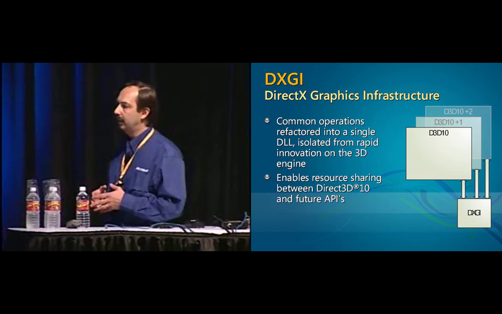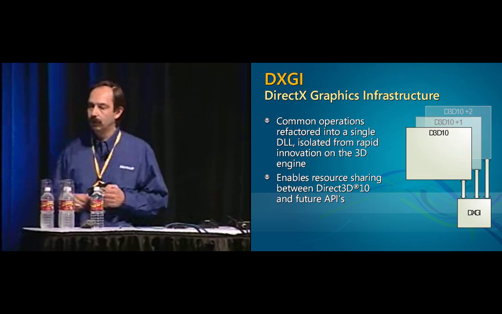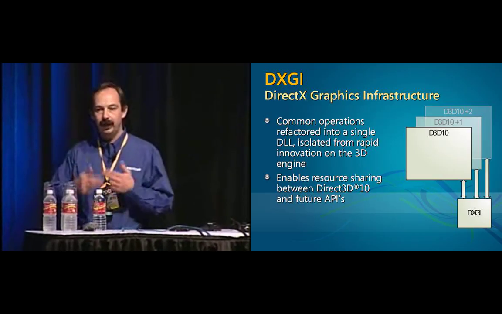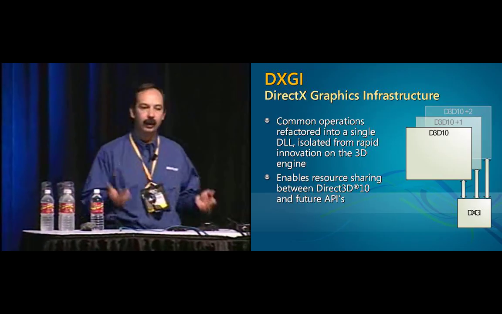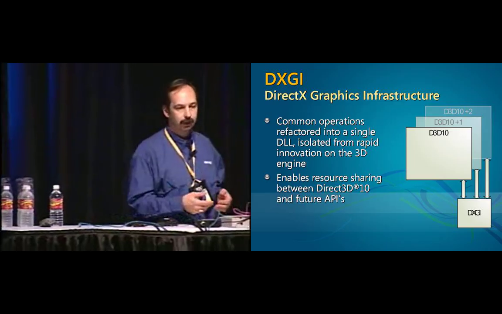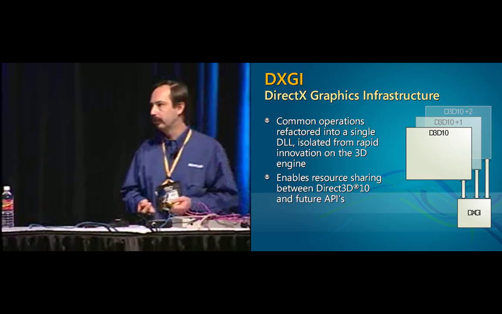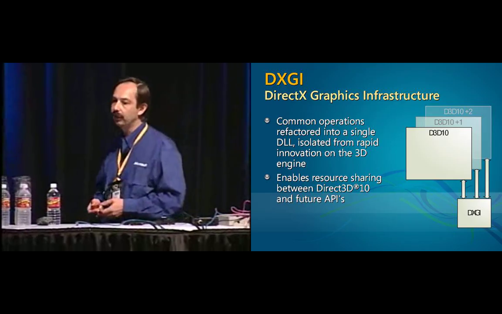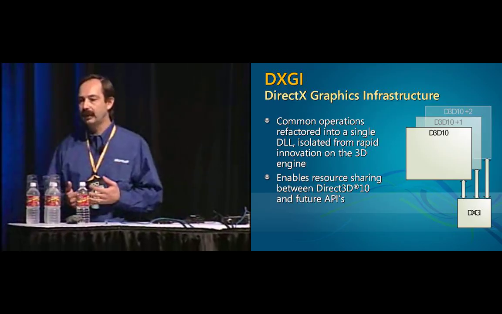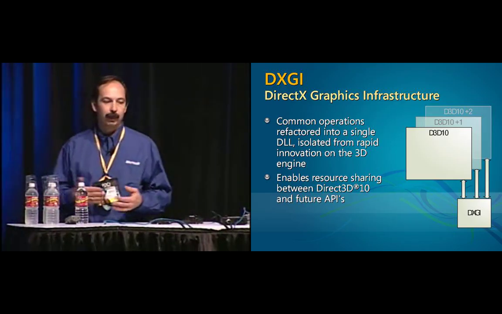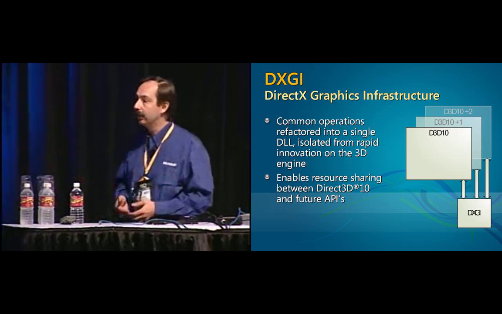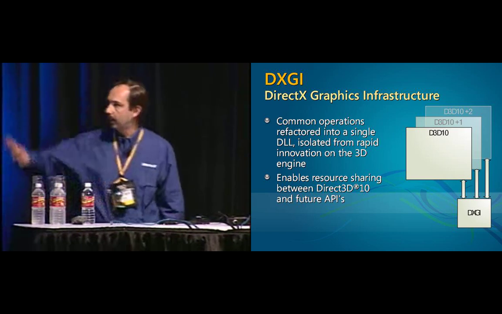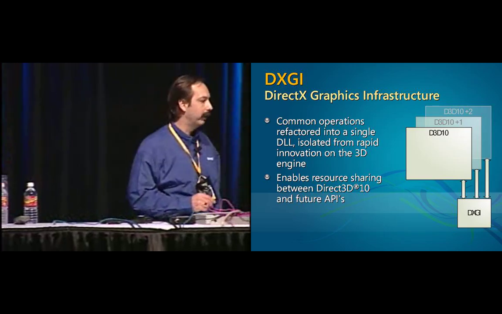The thinking behind this is that we're going to want to rev D3D in a much faster time frame than these other things like managing the monitor, managing the actual adapters. Those sort of things should be pretty well stable. The only time they probably change is if we actually change the device driver model again or extend the device driver model. So that's probably one of the first big changes.